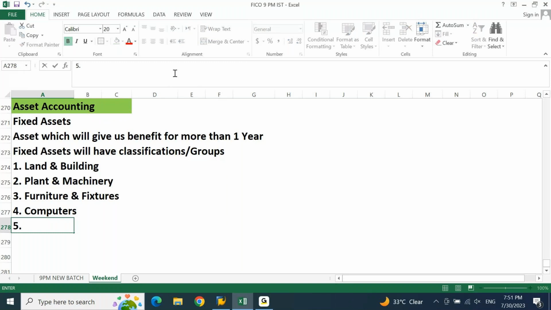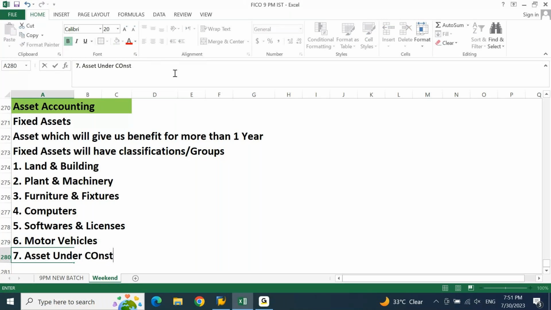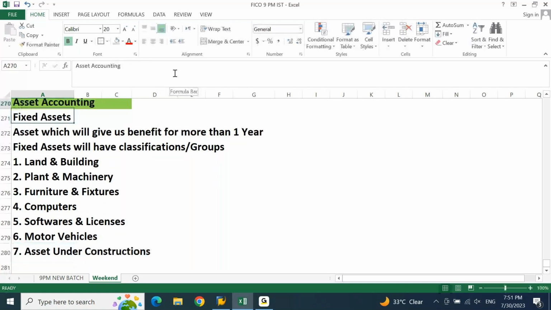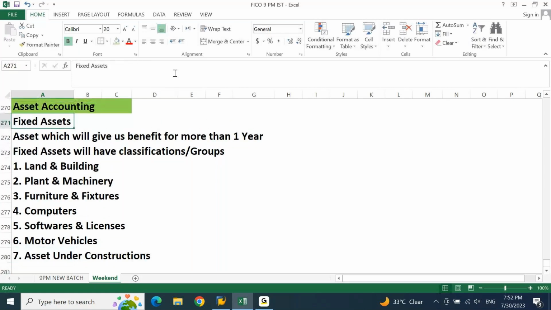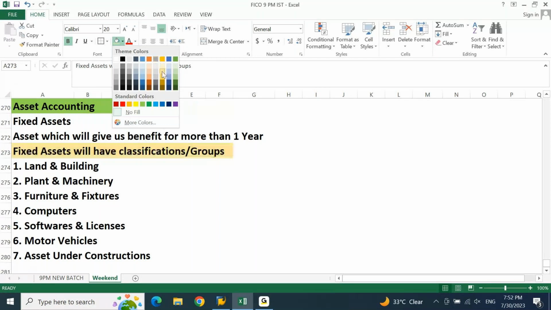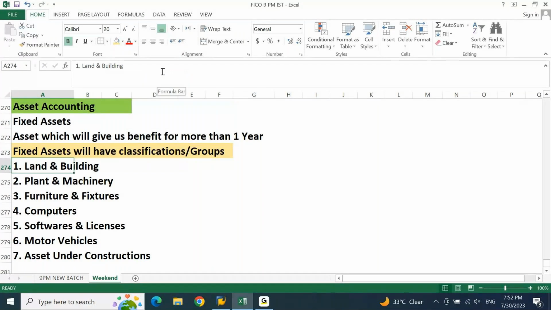Fifth one, software and licenses. Sixth one, motor vehicles. And seventh one, assets under construction. Are these correct? So whatever is part of this category, we normally call it a fixed asset.